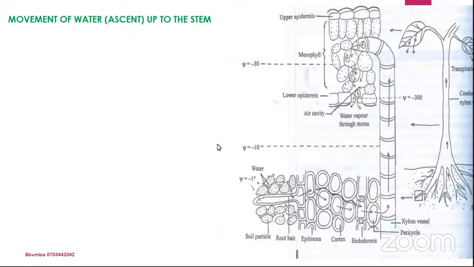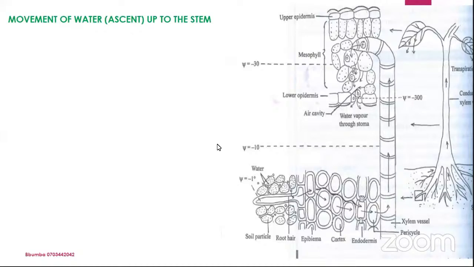Now, last time, of course, when we began with transport, first of all, there were three main aims of this topic. One was looking at uptake of water and mineral salts from the soil.